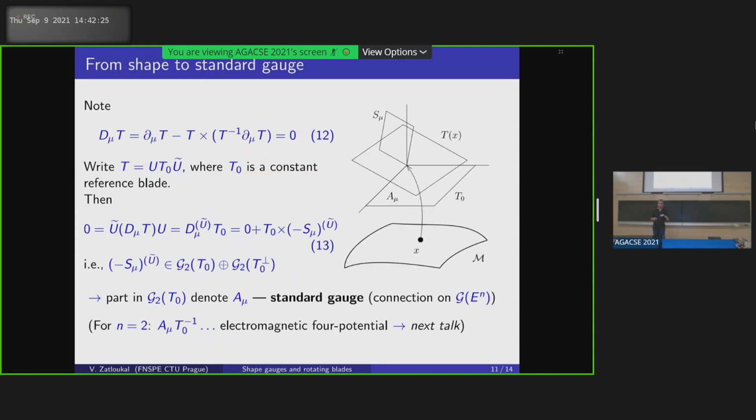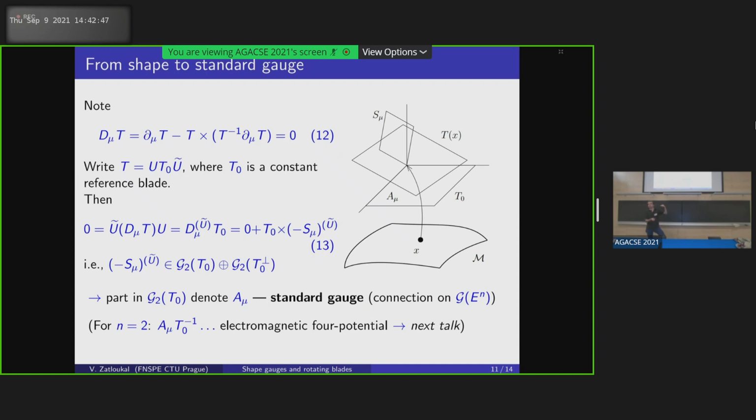And now what does this have to do with the usual treatment of gauge theories? First, there are many ways to approach this problem, but let me try to take this one. We have this rotating blade.